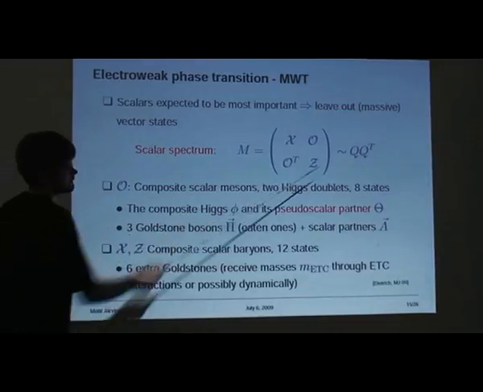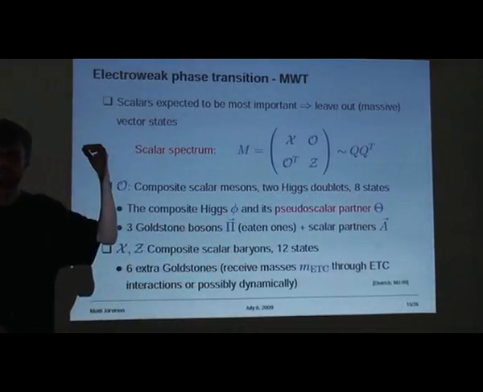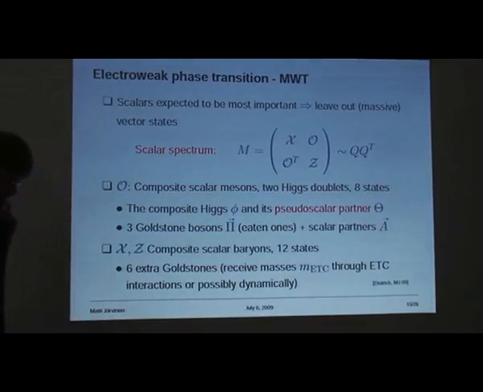Here the Q is the array of these four Weyl spinors, which have this fundamental SU(4) transformation.